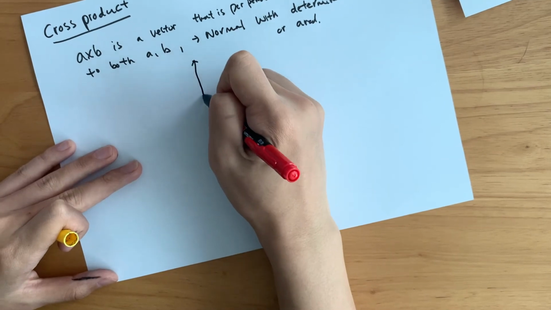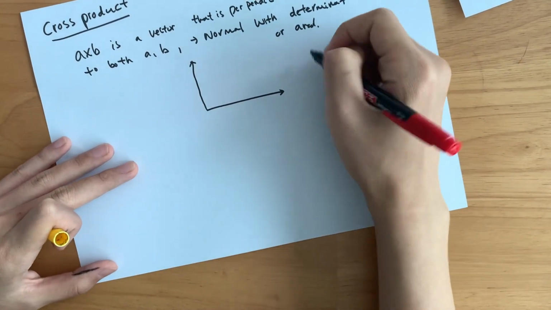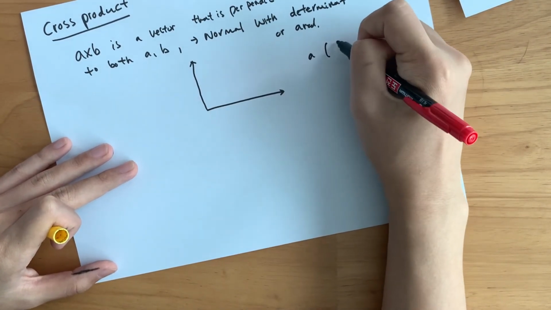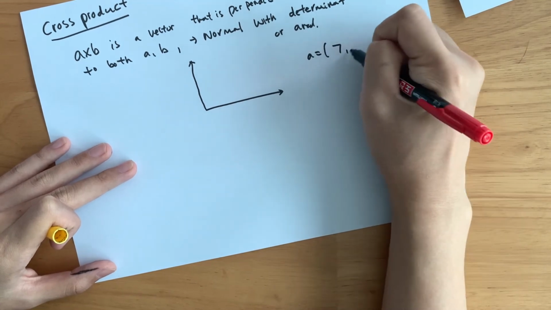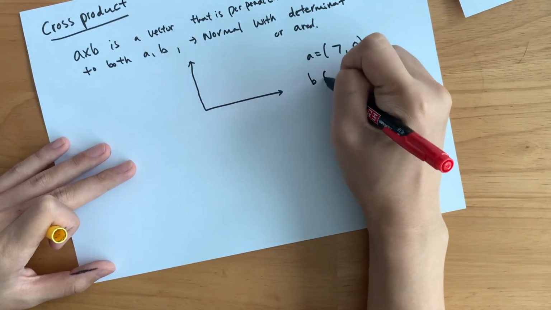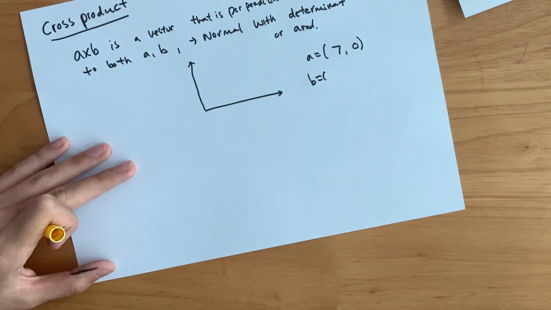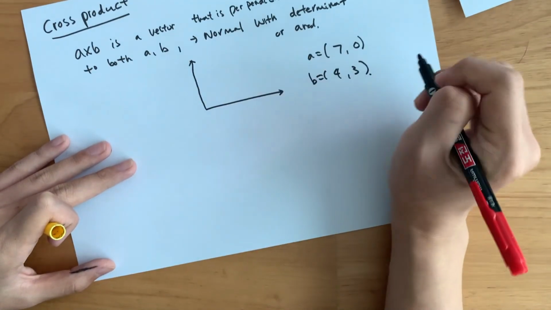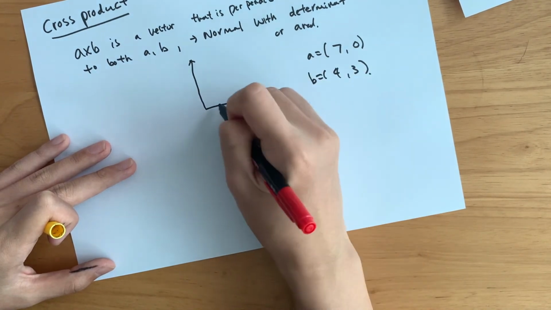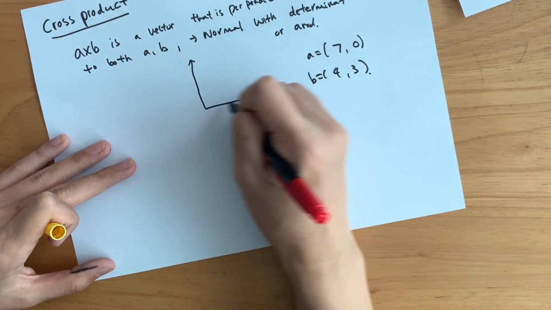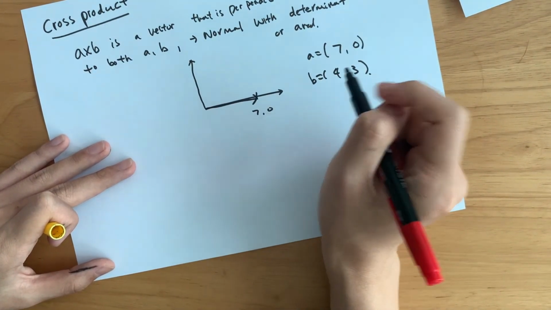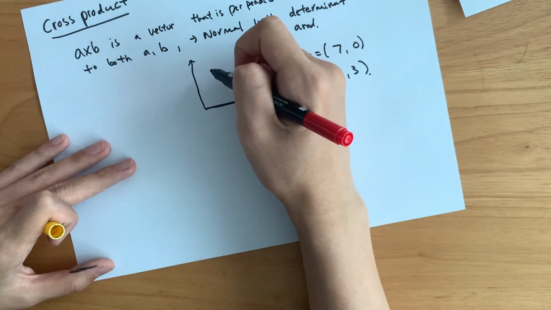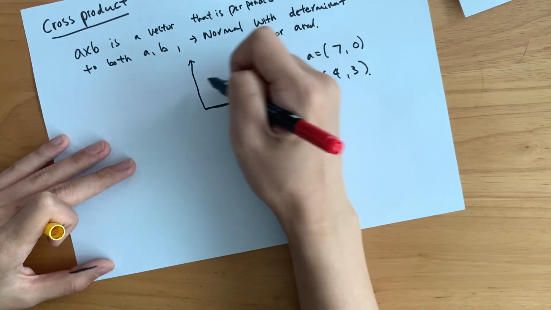I'll show you this example. Let's say A is 7, 0, and B is 4 and 3. A is 7, 0, so we have a graph like this, and B is 4, 3, so we'll be around this.